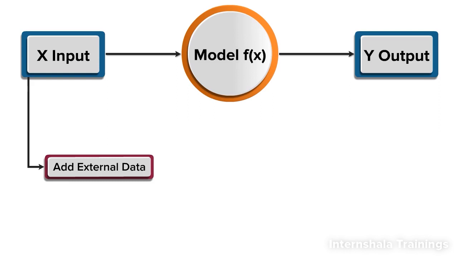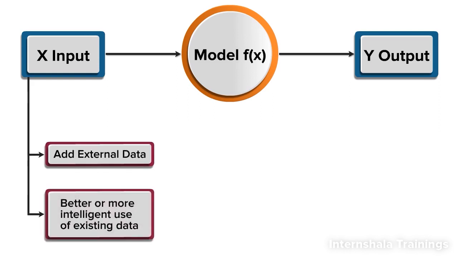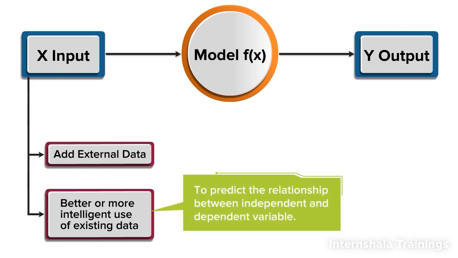Another way to improve the model performance is by using the existing data more effectively. Here, we are saying that we can generate more information or signals using the existing features to predict the relationship between independent and dependent variables.